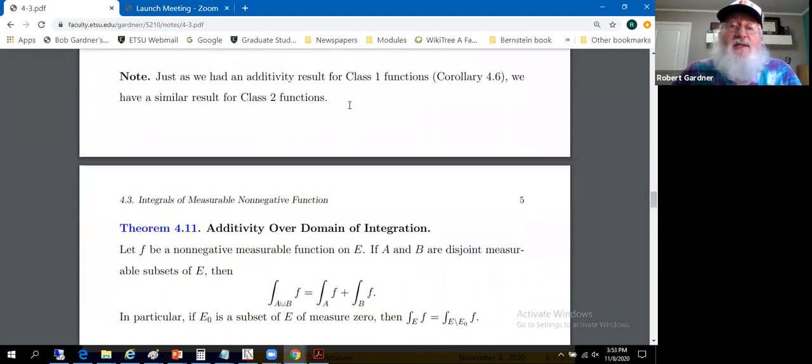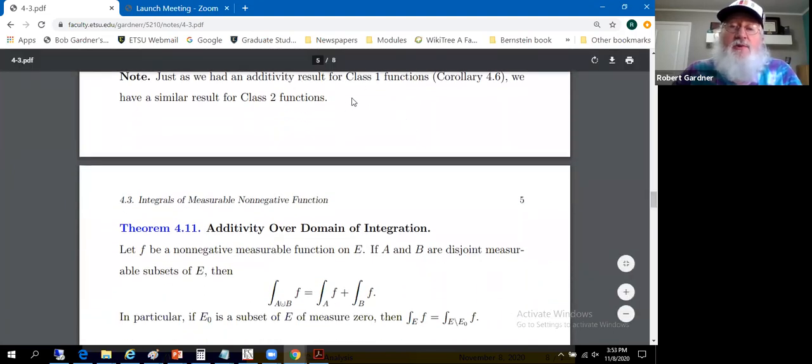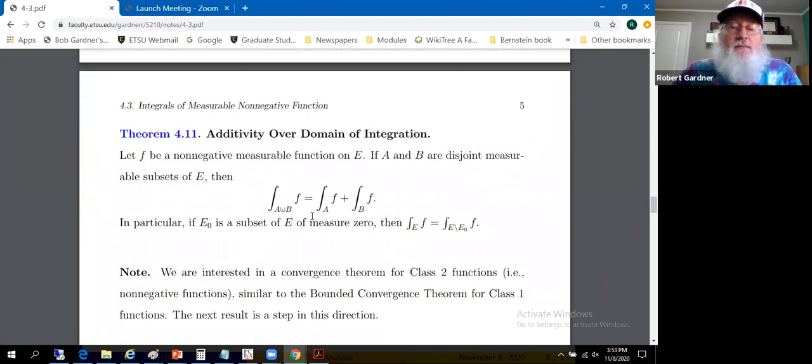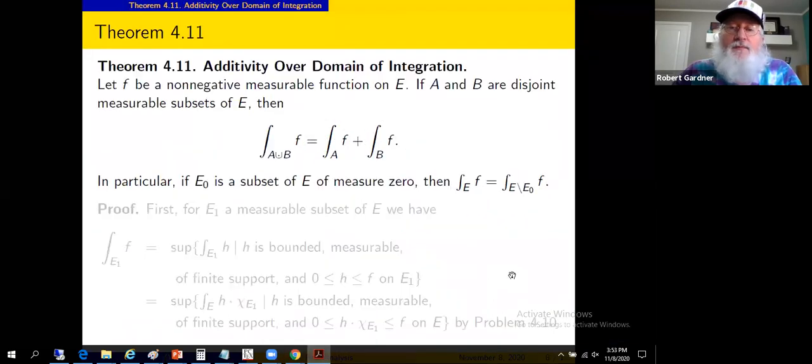We've got an additivity for integrals for class 2 functions, as we had in class 1. This is corollary 4.6 for class 1, where we integrated over A union B. These are disjoint sets. The integral over the union of those two sets is the sum of the integrals over those sets, provided they're disjoint. So additivity, let's go through the proof of that one.